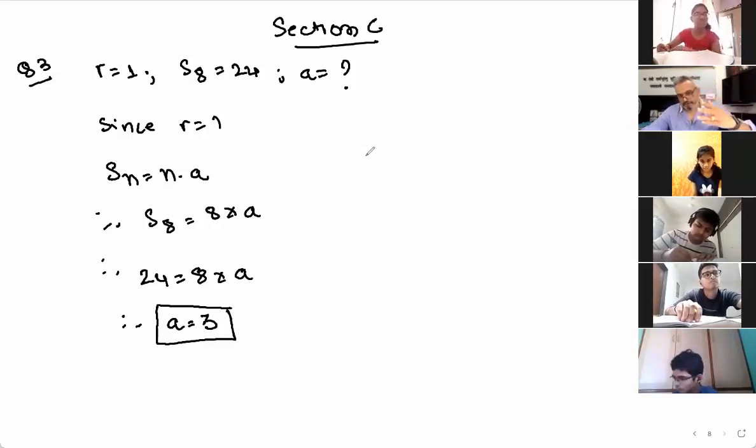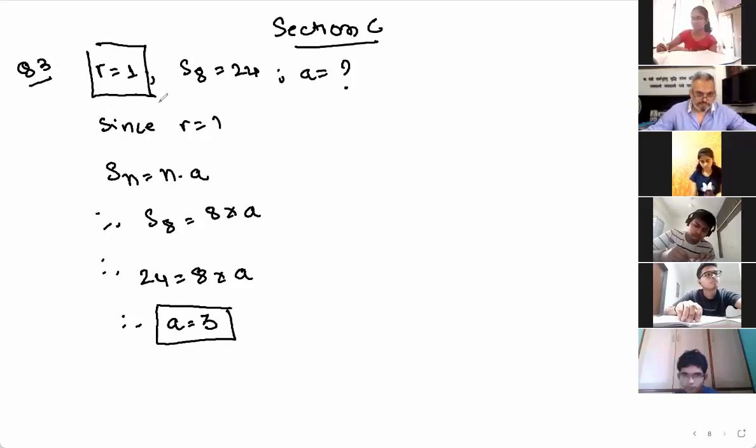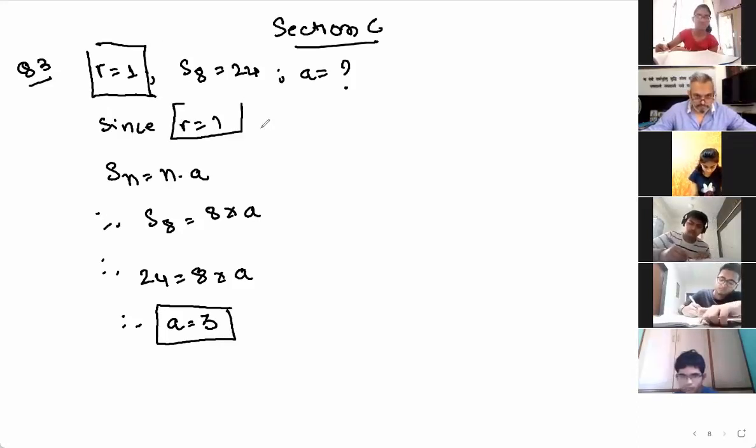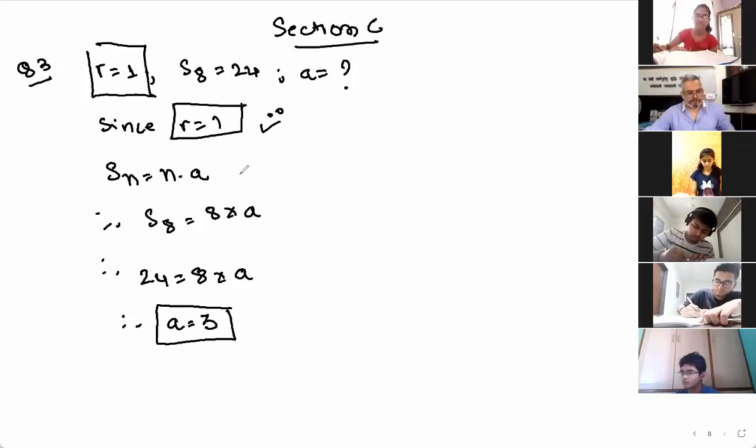And what will be the GP over here? The GP will be 3, 3, 3, 3, 3, 3, 3, 3, because R is equal to 1. Important.